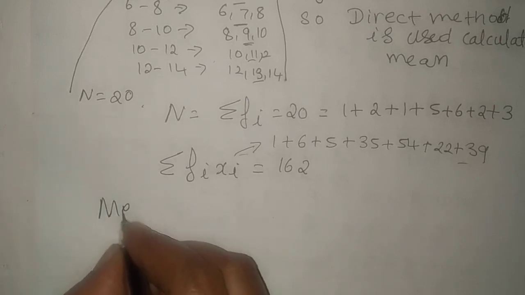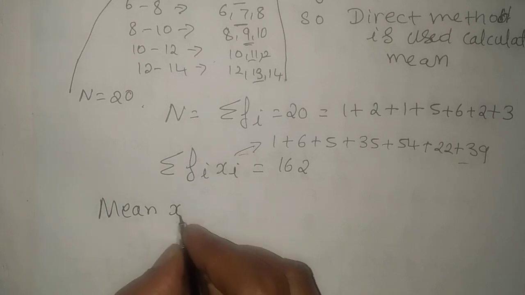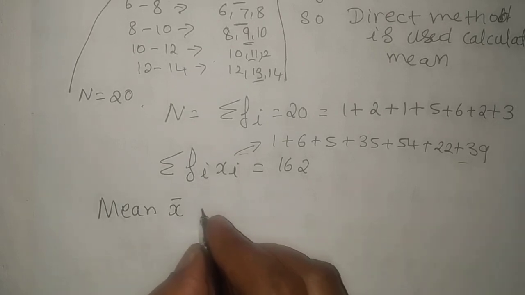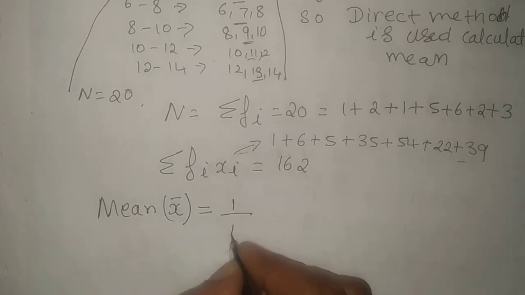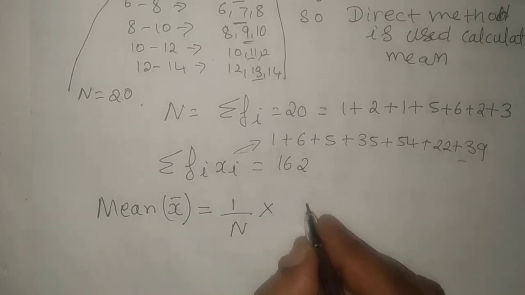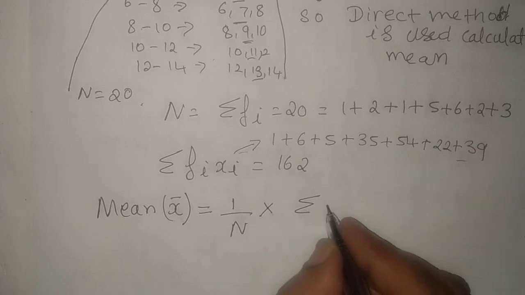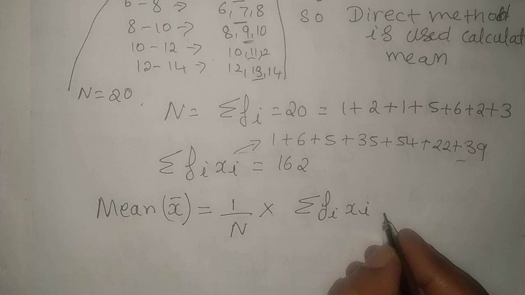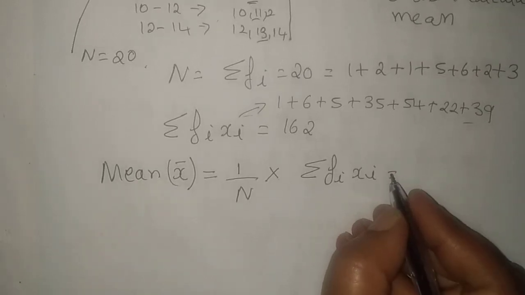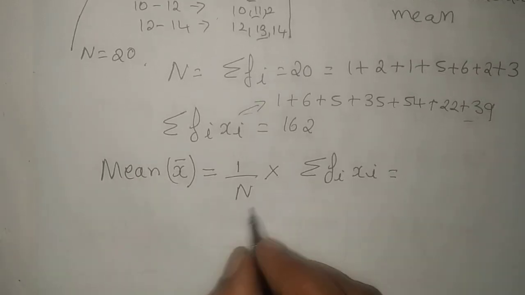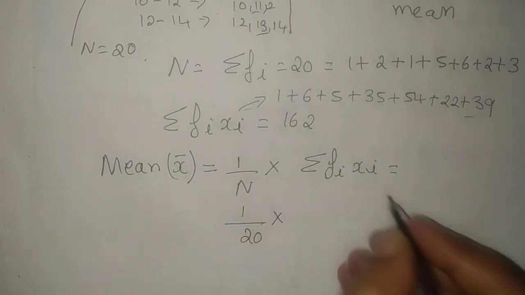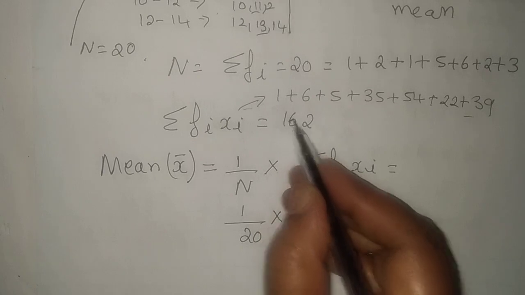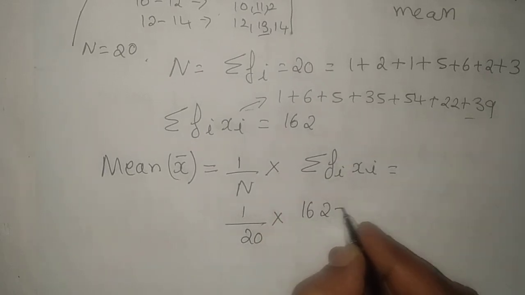So the mean is given by x bar is equal to 1 by n into summation fi xi. What is 1 by n? It is 1 by 20 into fi xi, which means 162.